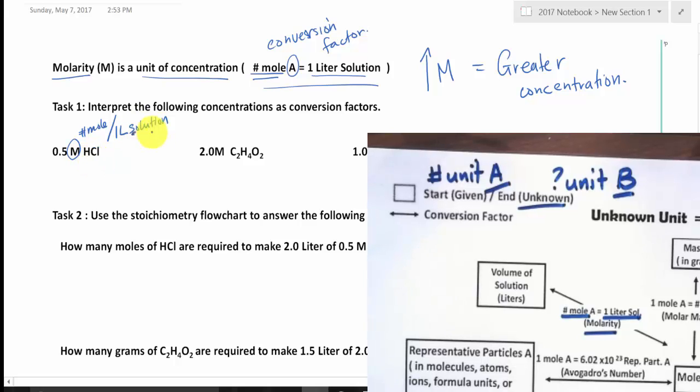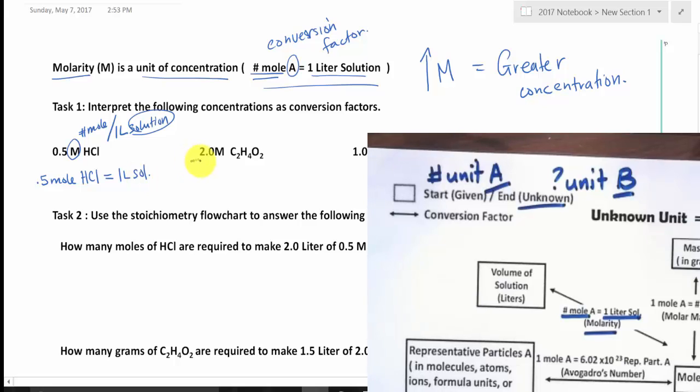Most solutions are basically just the substance plus water. In this case, we have 0.5 molarity of HCl, so we have 0.5 mole. We just interpret it in this form. Mole of what? What's the chemical? HCl, equal to what? Always equal to 1 liter of solution, and I abbreviate solution as SOL.